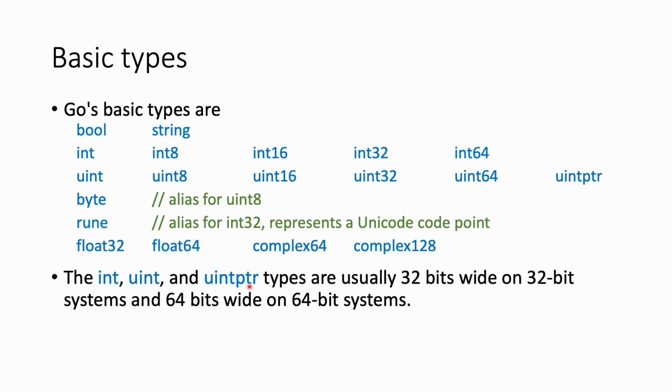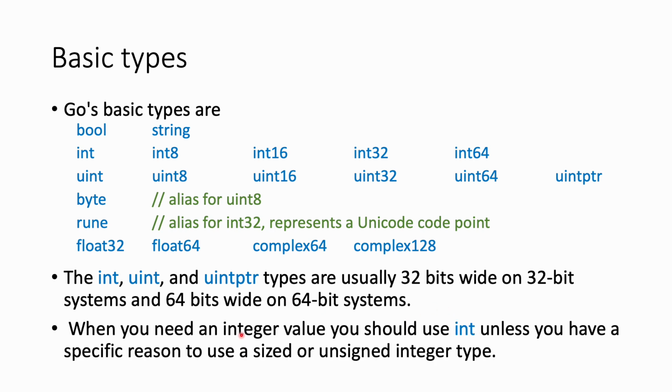In other words, the length of these 3 types depends on the system that the program is run on. And when you need an integer value, you should use the int type unless you have a specific reason to use a sized or unsigned integer type.